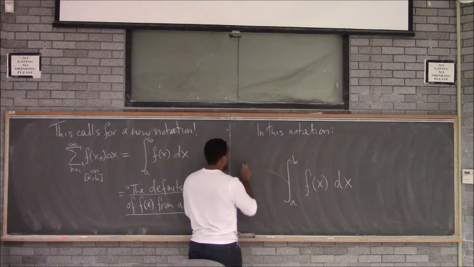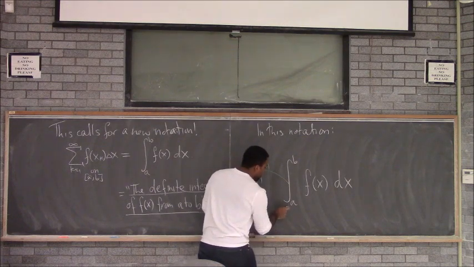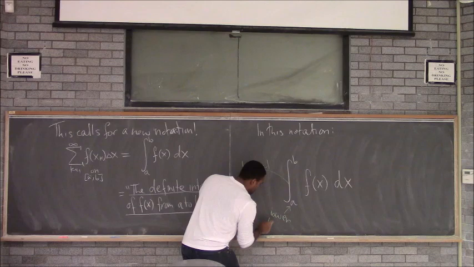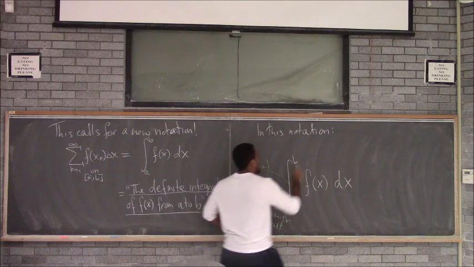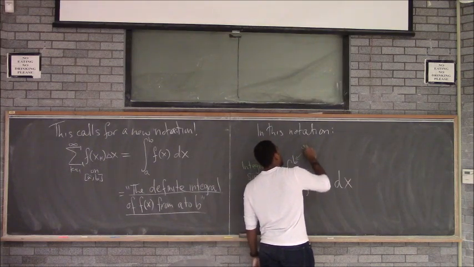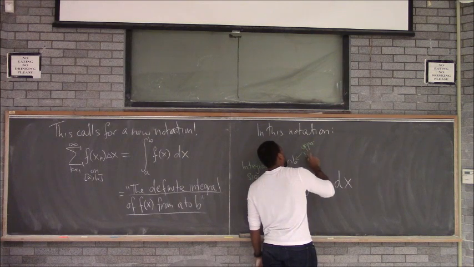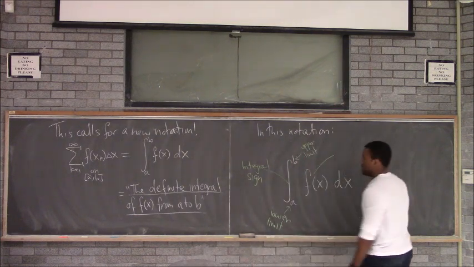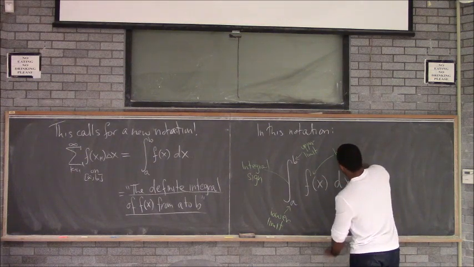This s is called the integral sign. The a and b are called limits. A is the lower limit of the integral. B is the upper limit of the integral. The function f in this situation is called the integrand.